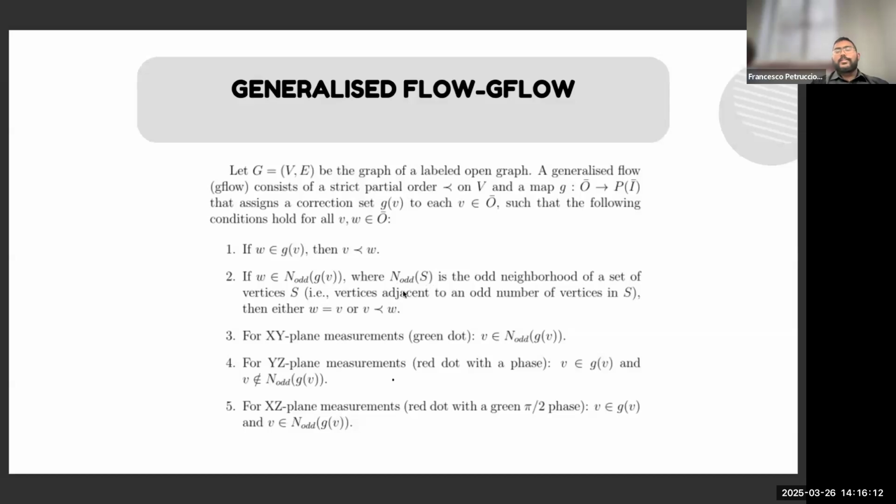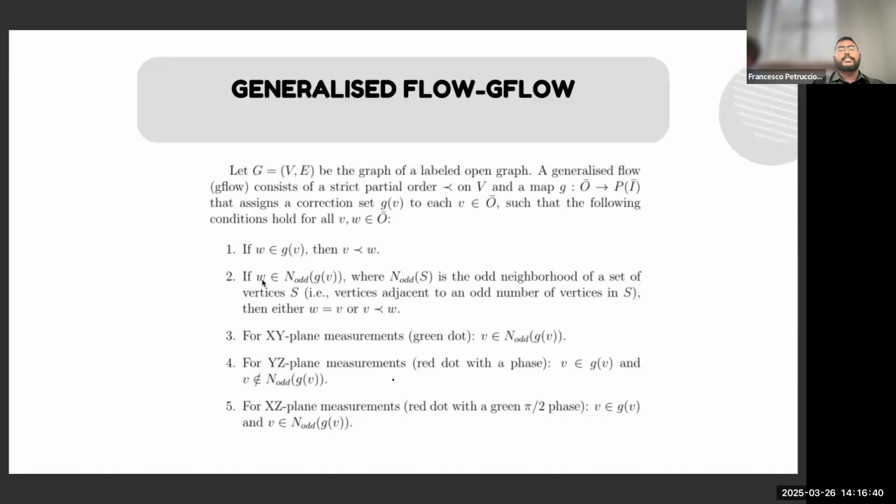And why do we consider something like this? If you look at vertices that are connected to an even number of vertices in your correction set G of V, they will have an even number of pi phases that slide to them. And an even number of pi phases will always cancel out. However, if they're adjacent to an odd number of vertices in your correction set, then these are exactly the vertices that get the extra pi phase.